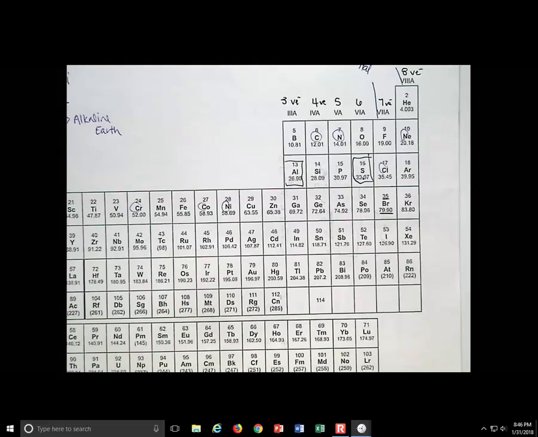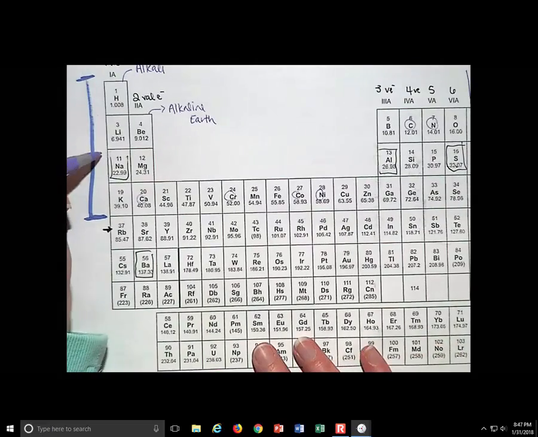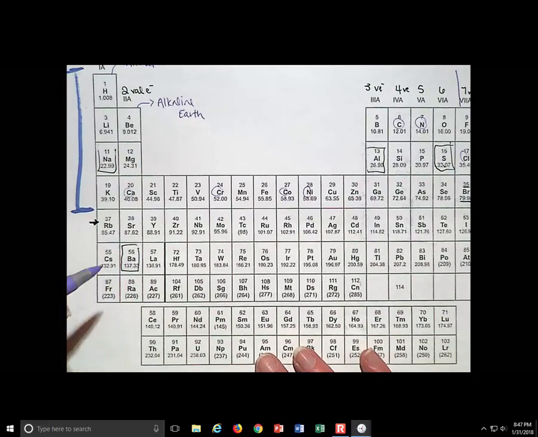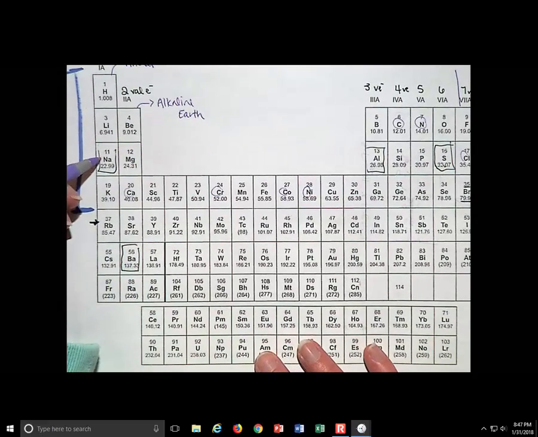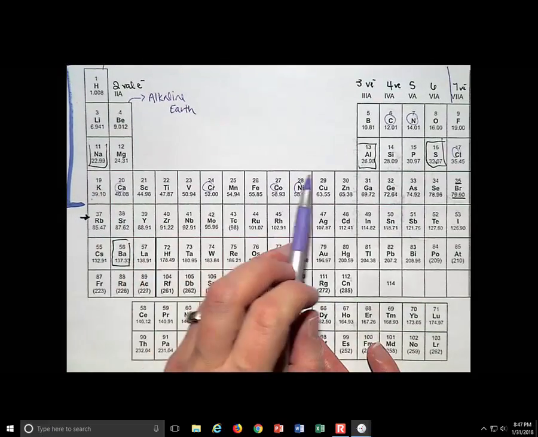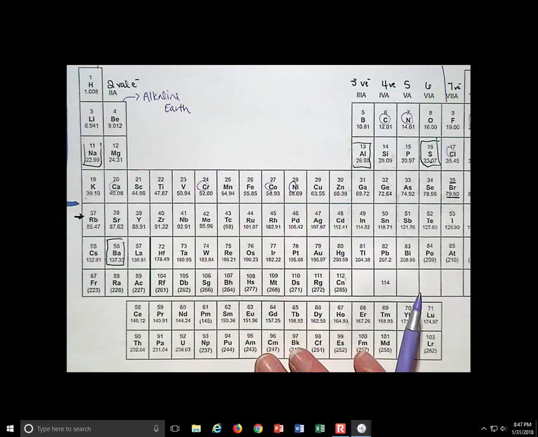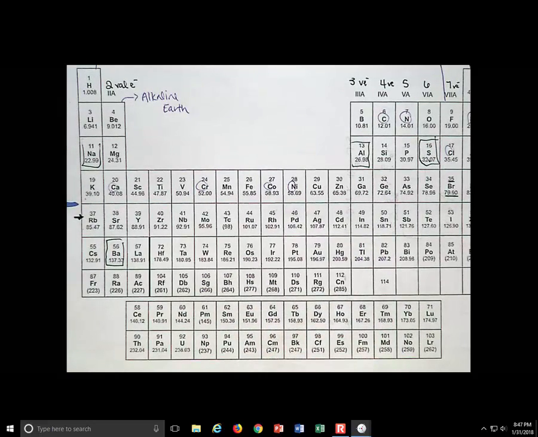Right. And that's because of atomic radius. So that's the other thing, make sure you know your trends. Atomic radius, these are getting bigger. And then as you go across, that's the one that's weird. As you go across, they're actually getting smaller, because we have the same number of shells in a period, but there are more protons pulling those electrons in.